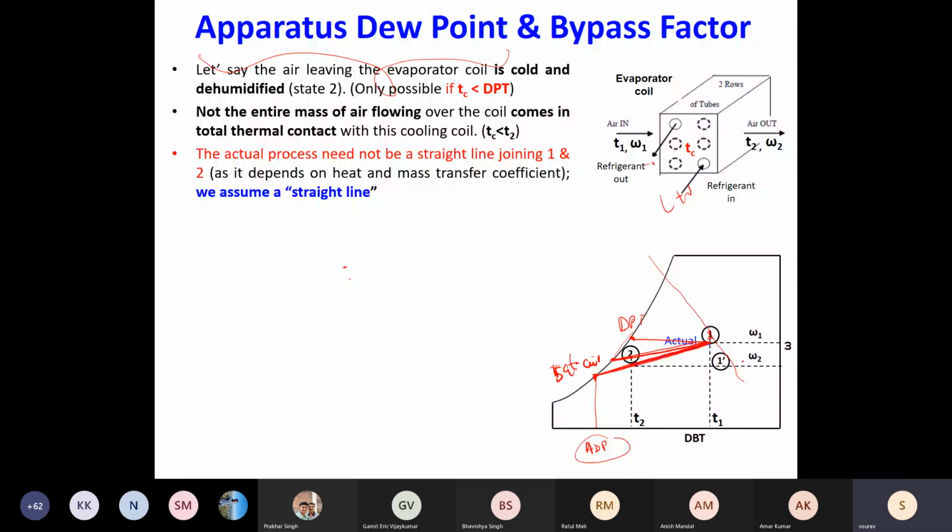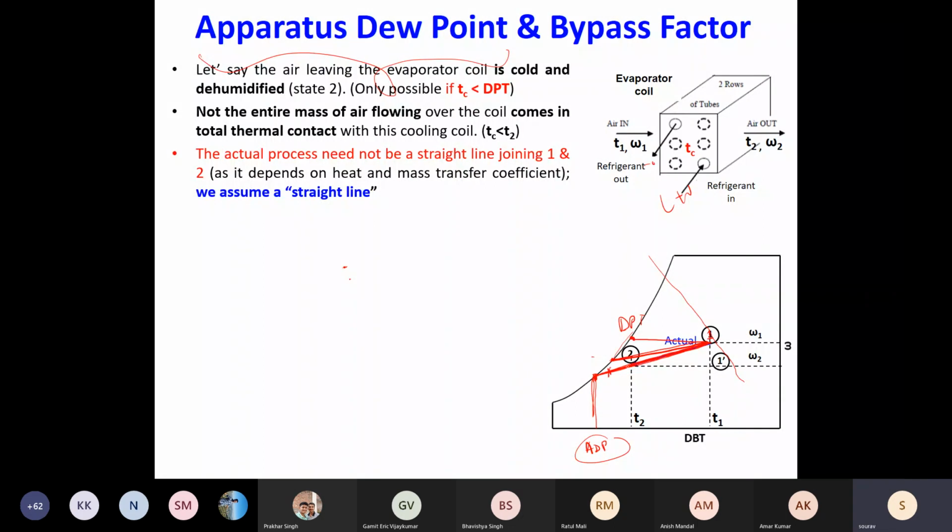If you have 100% effective heat and mass transfer in your cooling coil, then your exiting air will be at your cooling coil temperature and it will be saturated. But due to the ineffectiveness in the heat and mass transfer process, we will never attain this point. Your exiting air will be somewhere in between state 1 and your apparatus dew point condition.